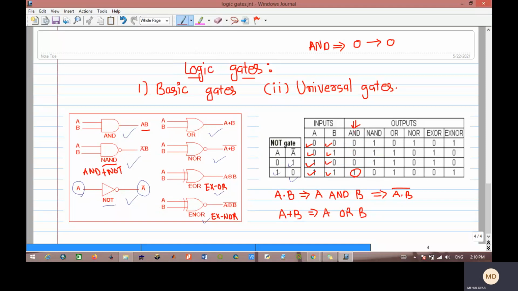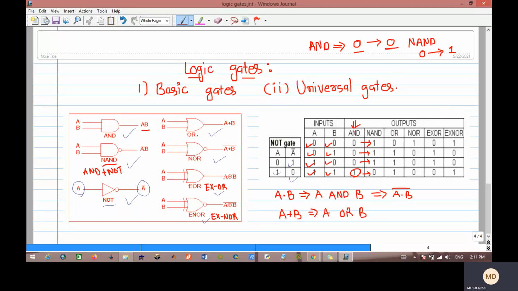In the AND gate, if any input is 0, then the output is 0. In the NAND gate, if any input is 0, then the output is 1. This is the definition of the NAND gate.